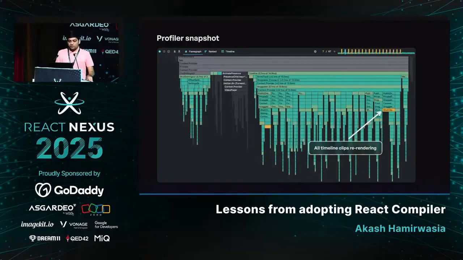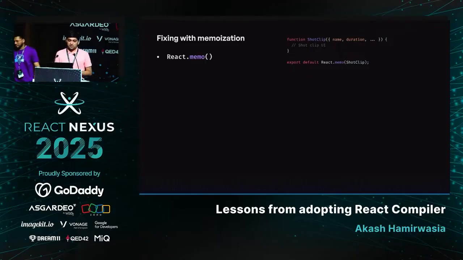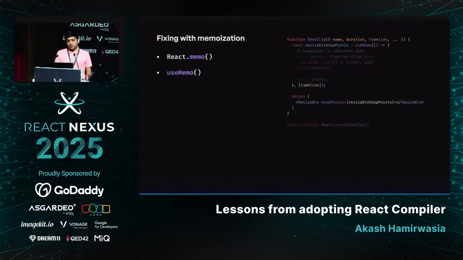Now we can fix these things using some hooks and APIs that React already provides. Things like React.memo allow you to wrap your components so that they only re-render when the props passed to them change. There is a hook called useMemo that you can use to wrap expensive parts of your component and make sure that they only run when the dependencies of that code change.